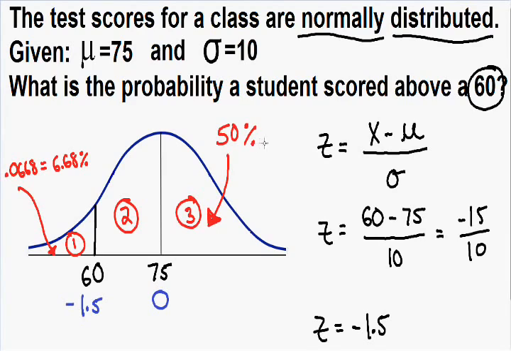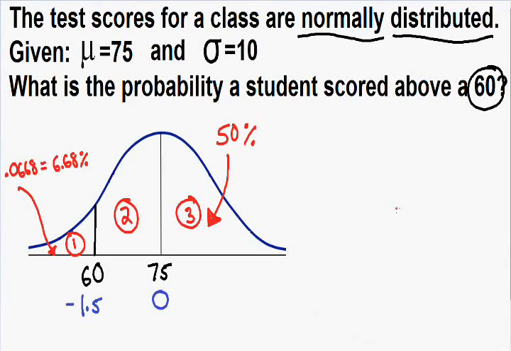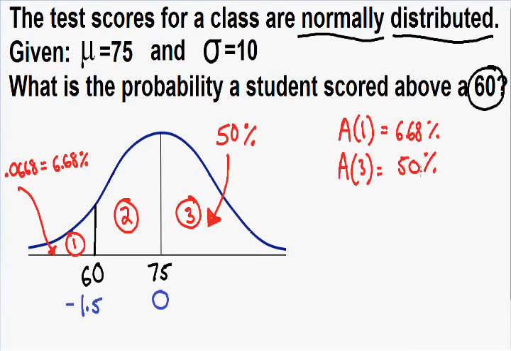Alright, so now let me erase some stuff on the right just to give myself a little bit more space. So what do we know so far? We know that the area of section 1 is 6.68% of the total area under the curve. We know that the area of section 3 is equal to 50% of the total area under the curve, and we don't know what the area of section 2 is at this point.